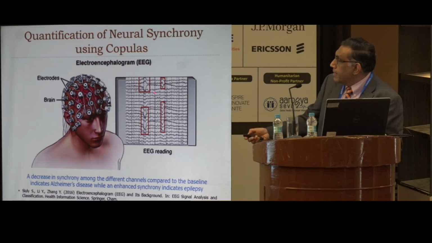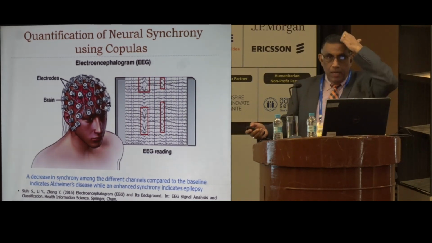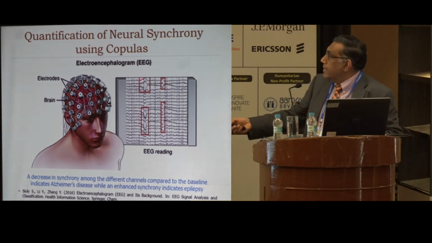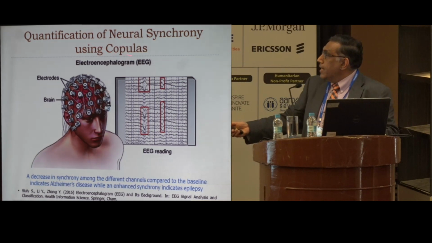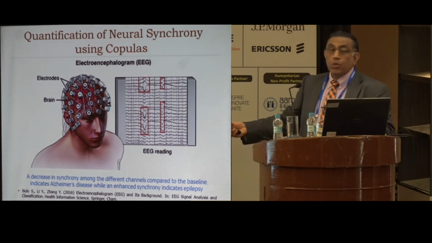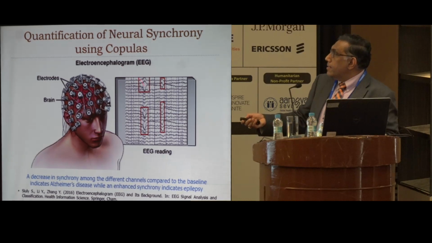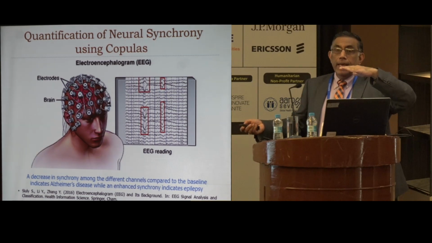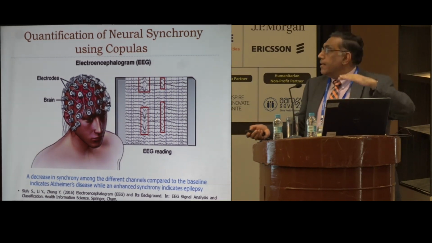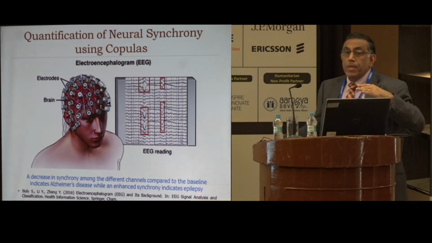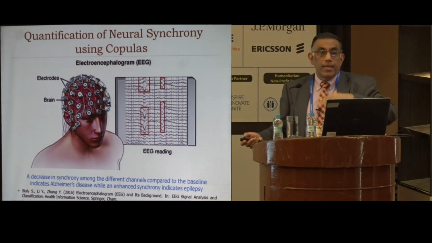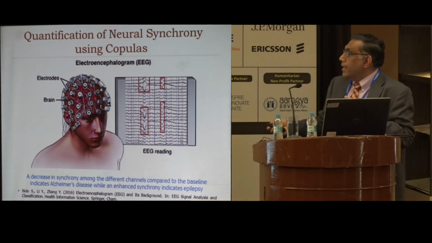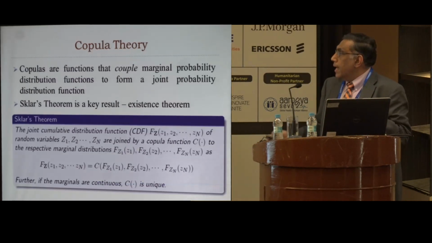That means if there is action on one sensor, and then on the next sensor's data there is also an action, then you try to characterize this neural synchrony. There is a baseline. If the neural synchrony is above that baseline, that indicates epilepsy. And if it is below, then it indicates Alzheimer's disease. So that's the kind of thing that we looked at.